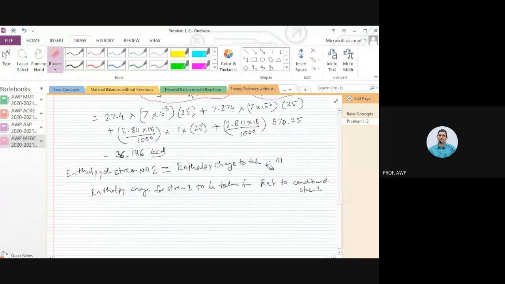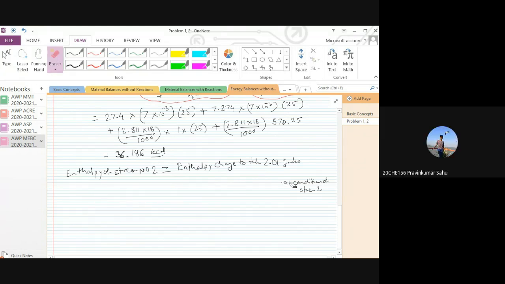Mayur, you should stop me if I write something wrong. Enthalpy change to take 2.01 gram moles. Sir, I have a doubt, sir. Wait, Praveen, let me complete. Enthalpy change to take 2.01 gram moles of liquid water from reference condition to 20 degrees centigrade.